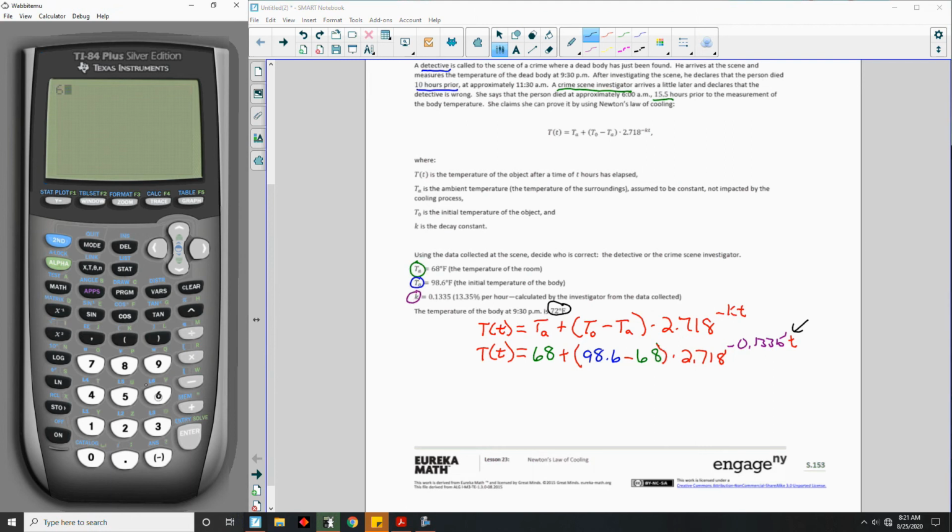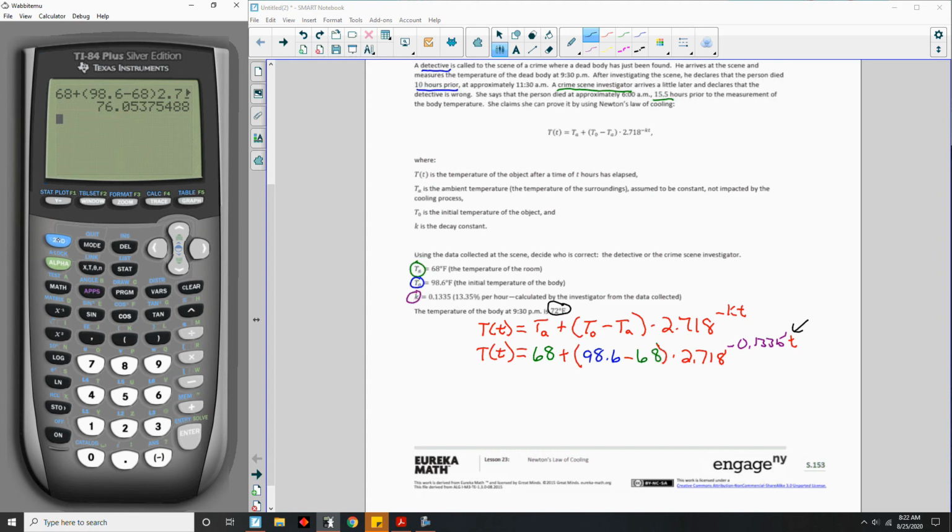So I'm going to put this in the calculator: 68 plus parentheses 98.6 minus that same 68, times 2.718 to the power of negative 0.1335 times 10. So there's our detective's estimate of 10 hours. Press enter. After 10 hours, the body would be 76 degrees, but it is only 72 degrees. So he's off by 4 degrees.